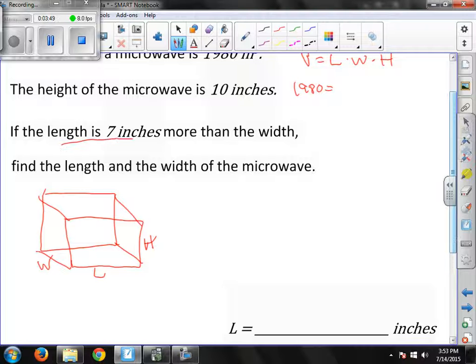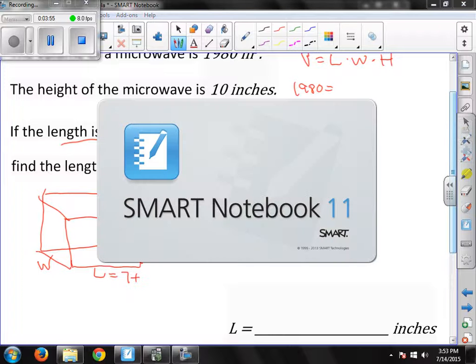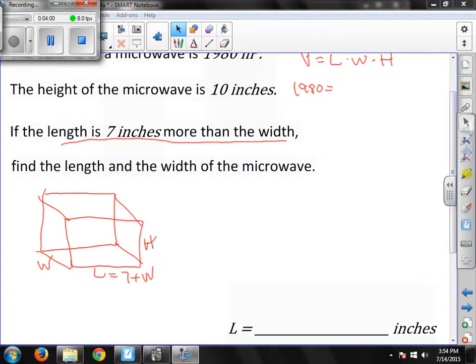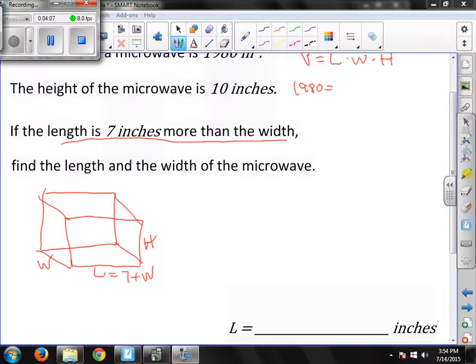I'm given some information about length. The length is 7 inches more than the width. So let's put our dimensions in there. Length is 7 plus W times W, and the height, I was told, is 10 inches.